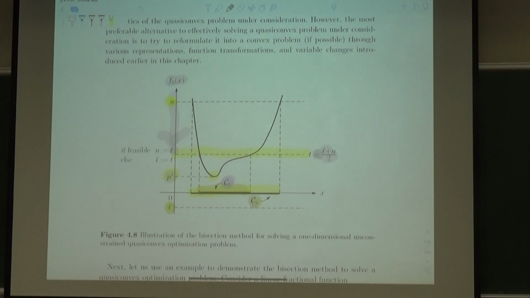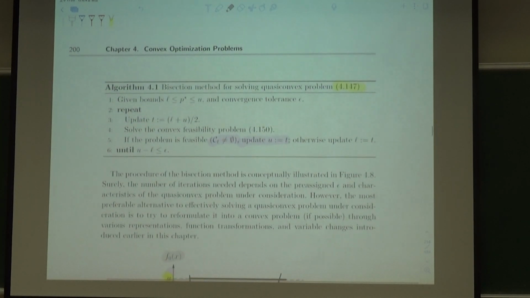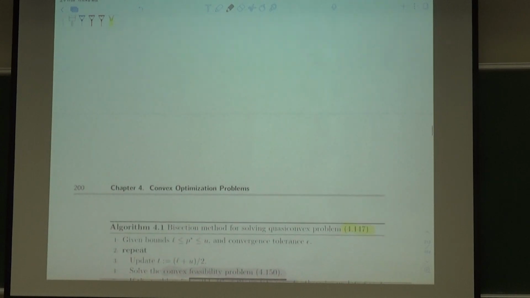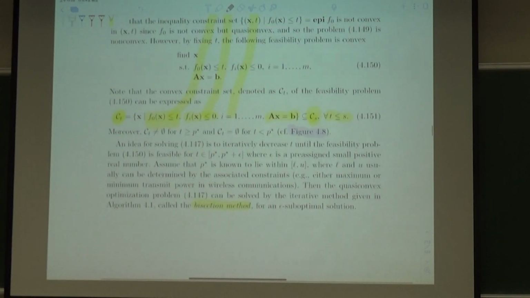If C_t is not empty, you can find one. What is this problem? This is a feasibility problem. It is a convex feasibility problem.